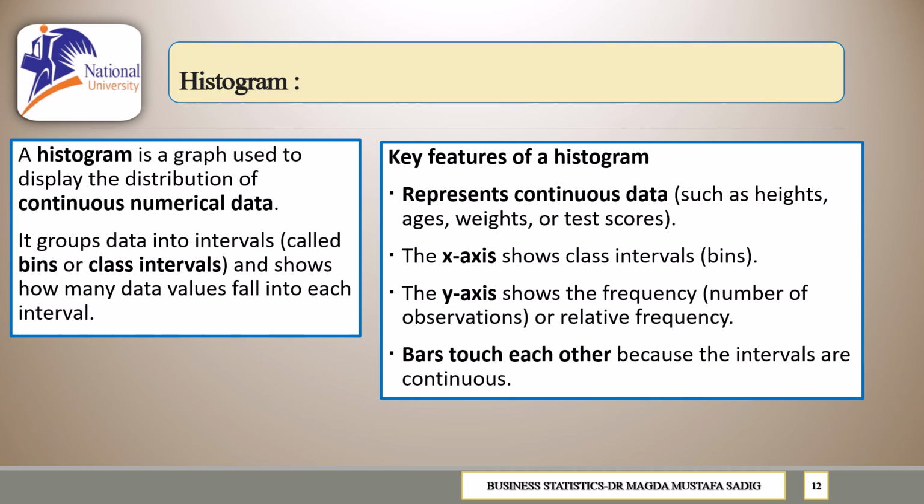The vertical axis displays the frequencies. The taller the bar, the more observations belong to that class. Histograms help us quickly understand the shape of the distribution. For example, we can identify whether the data are symmetric, positively skewed, negatively skewed, or approximately normal.